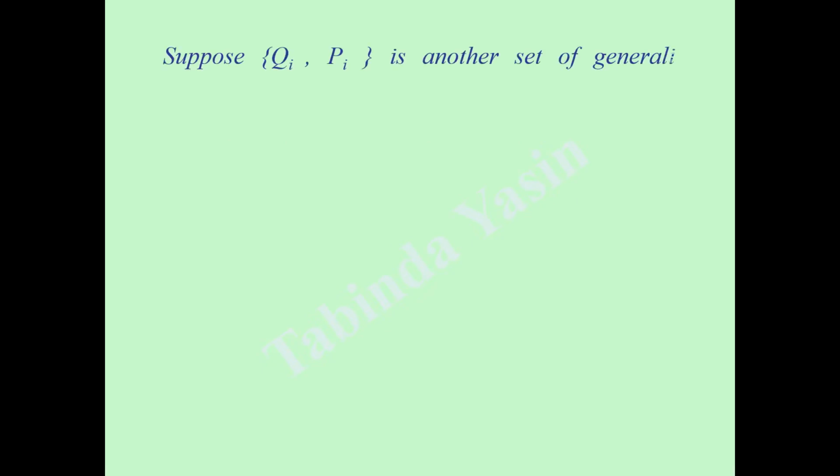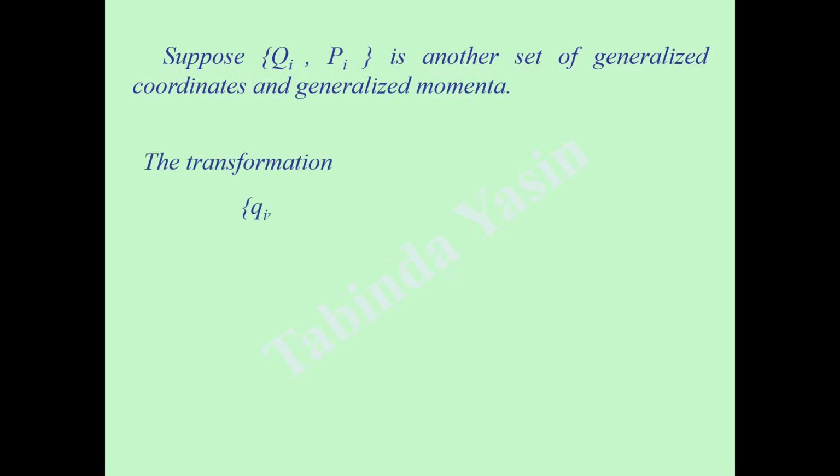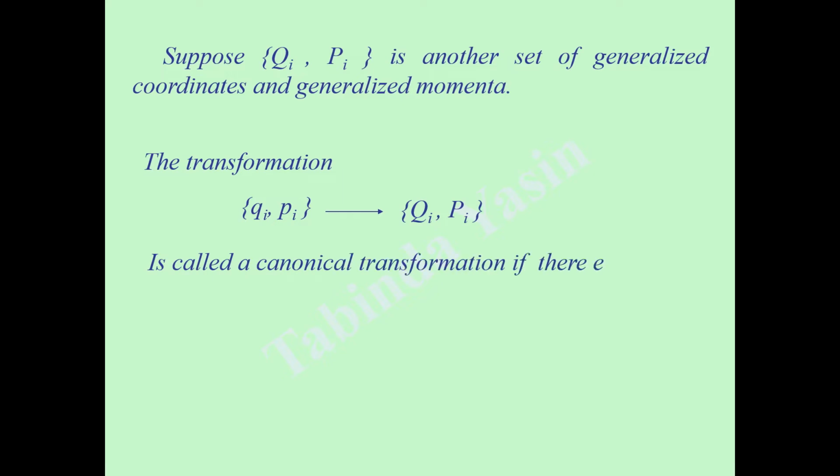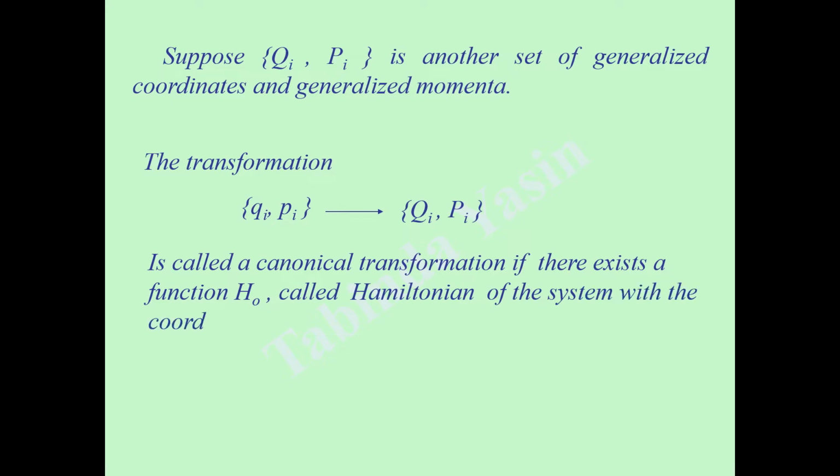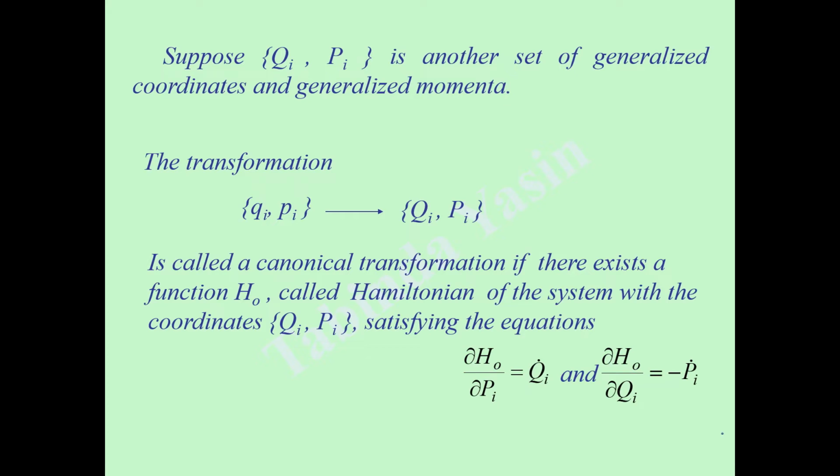Suppose that capital Q_i and capital P_i is another set of generalized coordinates and generalized momenta. Then the transformation from the old coordinates small q_i, p_i to the new set of variables capital Q_i and P_i is called a canonical transformation if there exists a function H naught, called the Hamiltonian of the system with the coordinates capital Q_i, P_i, satisfying the equations.